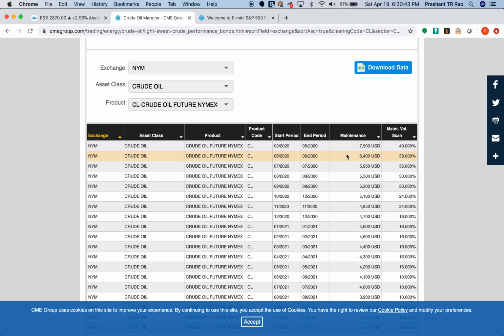And you can see that right now, for the May crude oil, you are looking at 7,500 USD. So that's the minimum amount of money that you need to have in your account in order to place a crude oil contract.